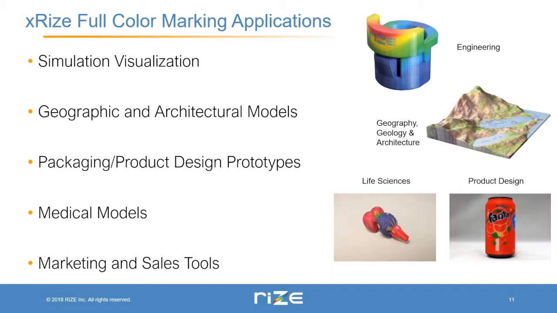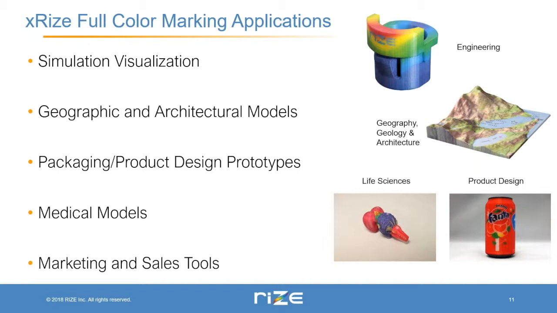So some of the ones we have shown here include simulation visualization, which is useful for various forms of engineering. It can also be useful for geographic and architectural models, which is useful not only for geography and architecture, but also things like surveying and some military applications.